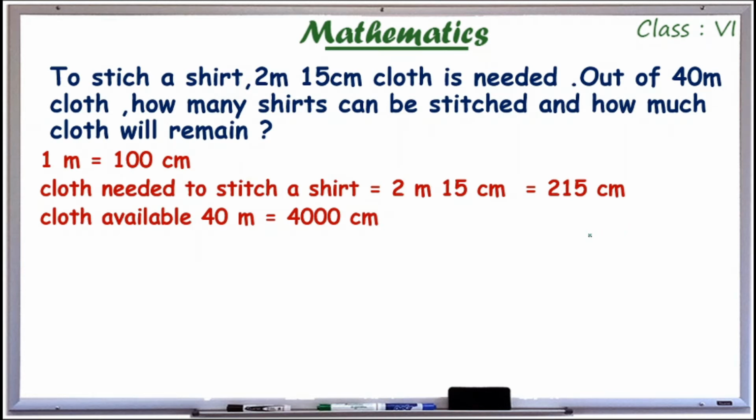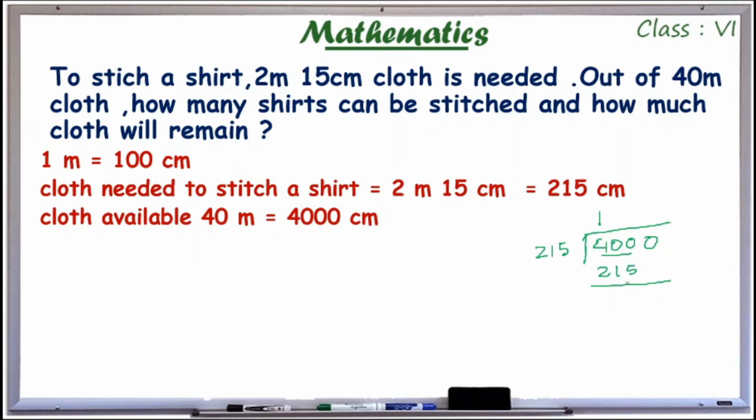I hope you completed this division. So 4000 divided by 215. So divide this. Out of 400 we have 1 into 215. If you don't know division, study it from your parents.